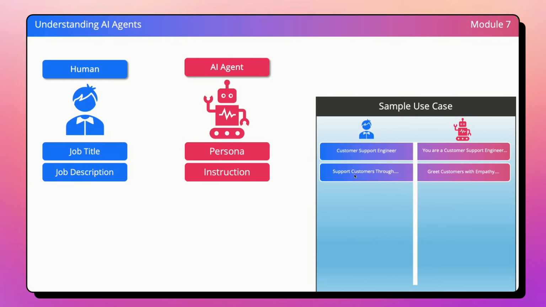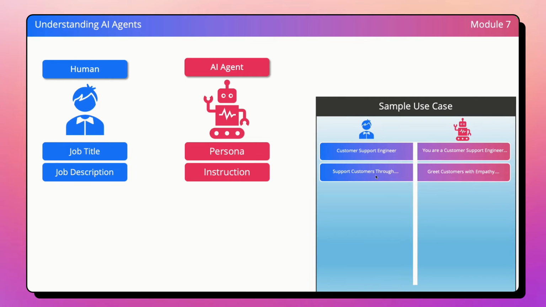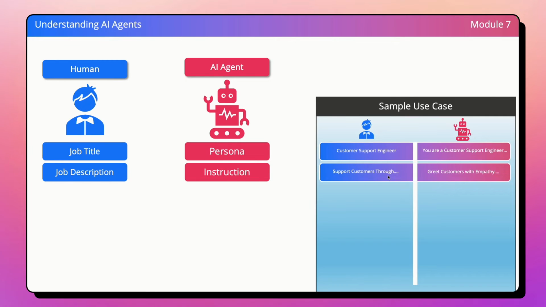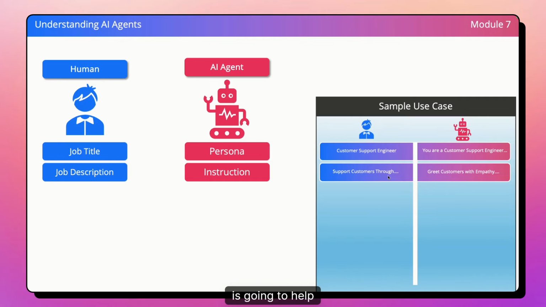For example, in a customer support scenario, you will write the job description as: support customers through the call center and access to various internal tools, and you are responsible for maintaining high customer satisfaction. So you will write the entire job description, which is going to help understand what is the ultimate goal of this job.